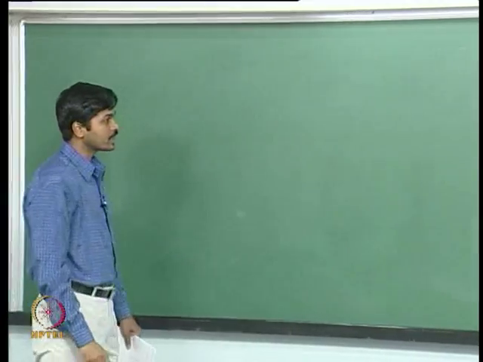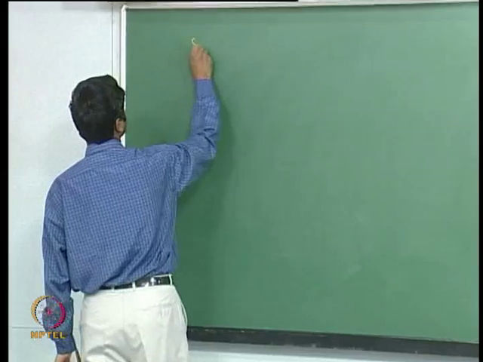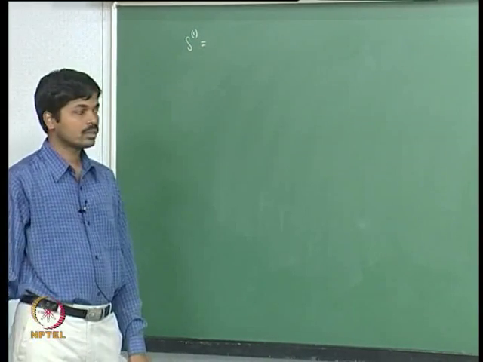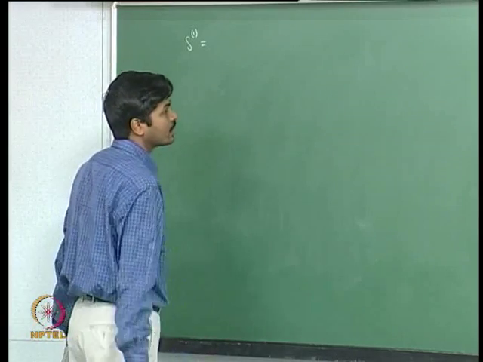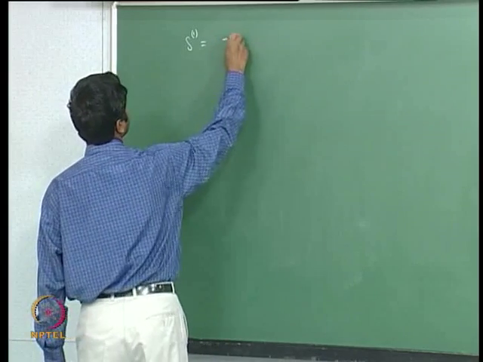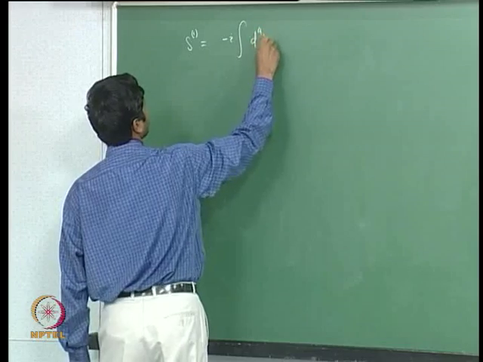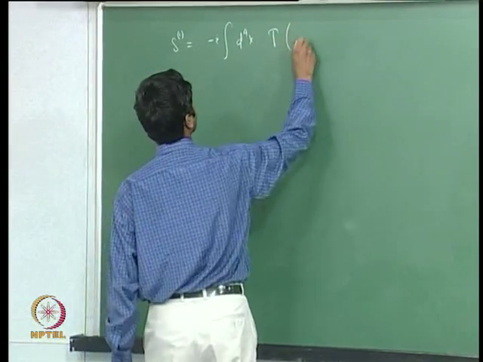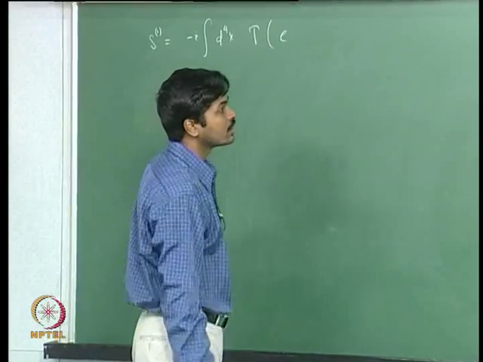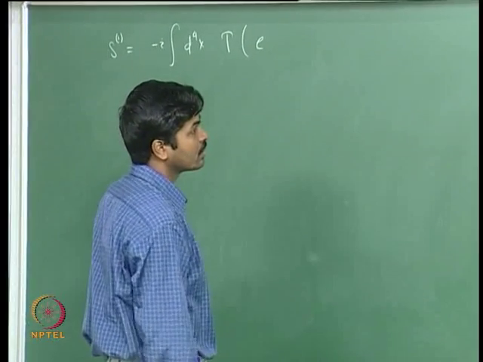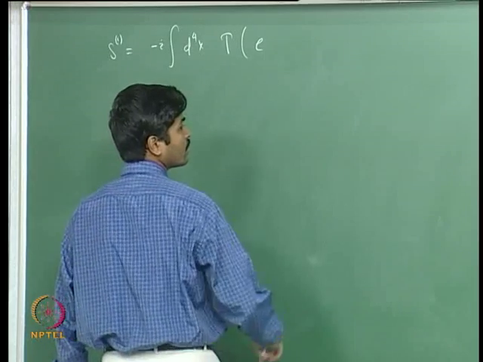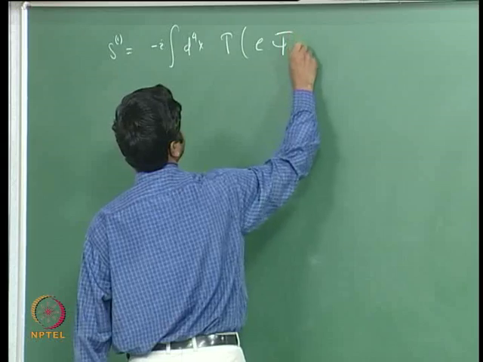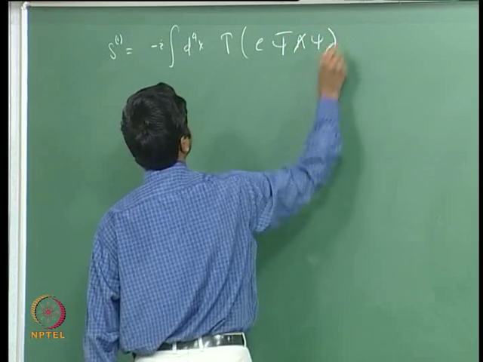So, the first order term, S1 according to my notation, is given by minus i integration d4x time ordered product of E times psi bar A slash psi.